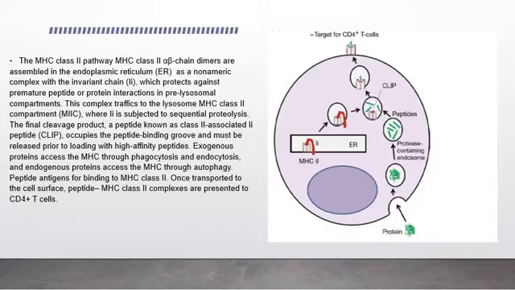MHC class 2 presents the cellular antigens that originated from outside the host cells, such as extracellular bacteria. These antigens are taken inside by the cell either by endocytosis or phagocytosis. The cells involved in this pathway are antigen presenting cells.